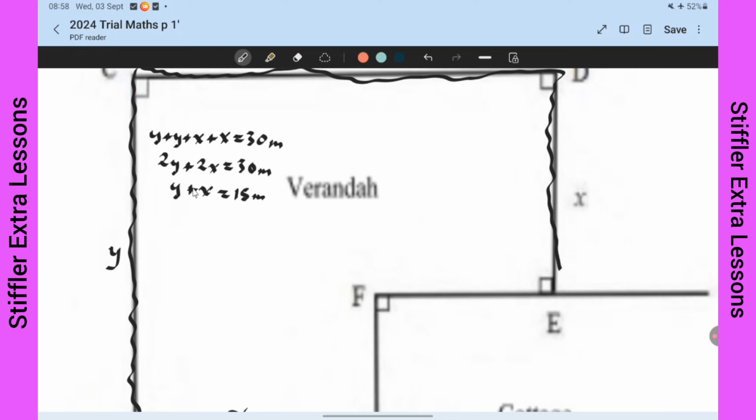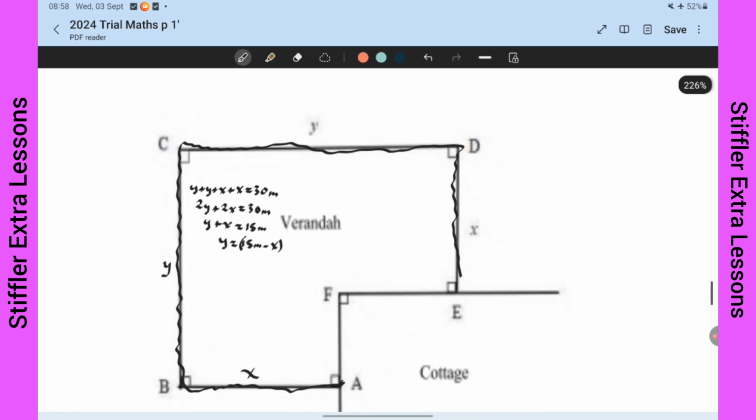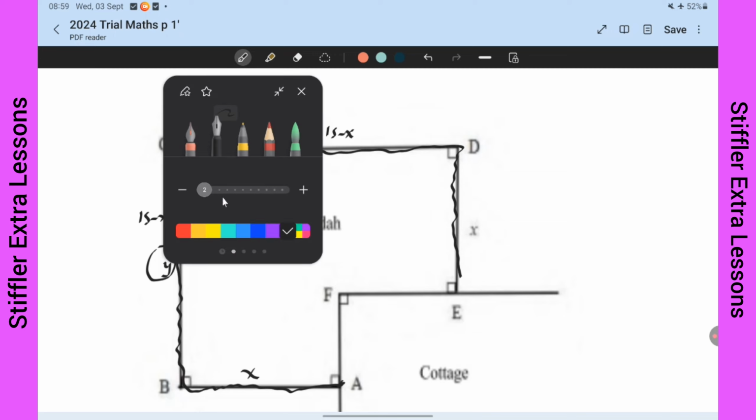Most of the time we want to make Y the subject of the formula so that we can deal with X. So Y is equivalent to 15 meters minus X. This will be the value of our Y. So we can place it here: Y here is 15 minus X, and Y here is also 15 minus X.